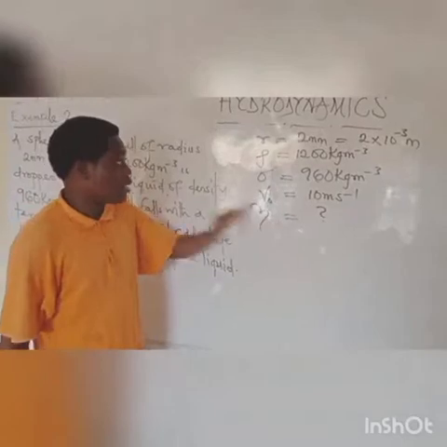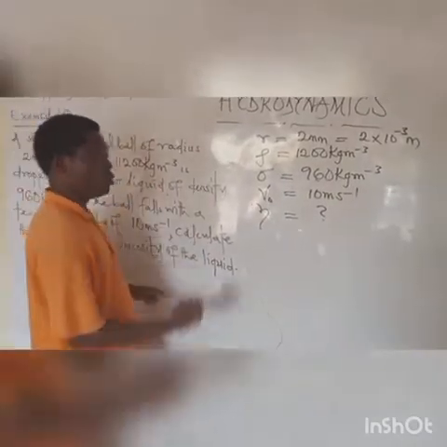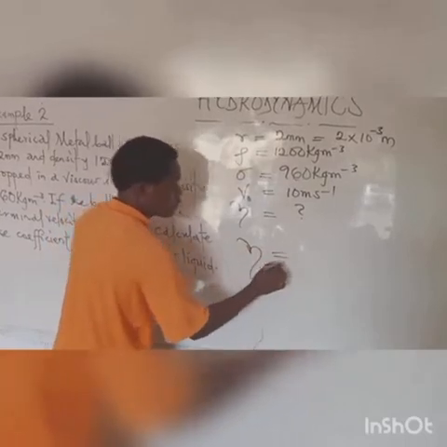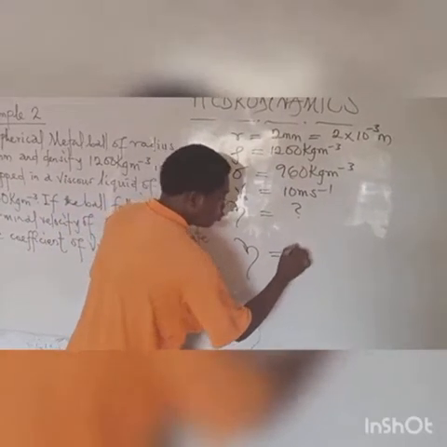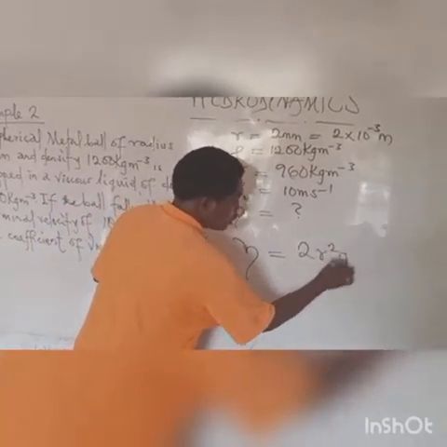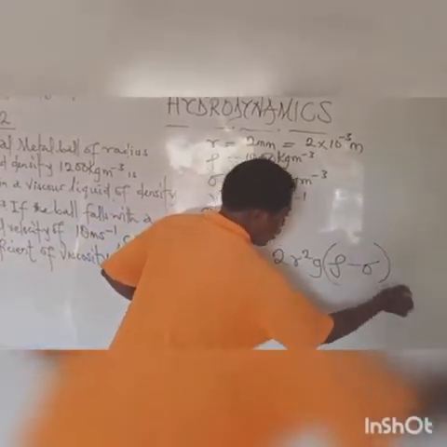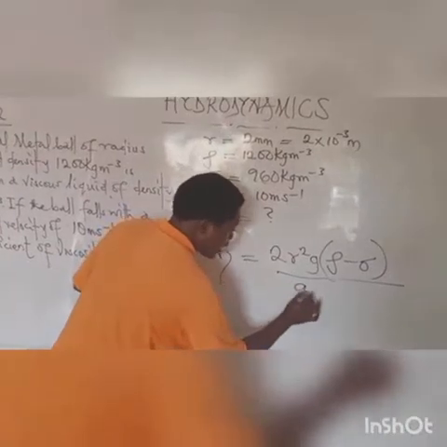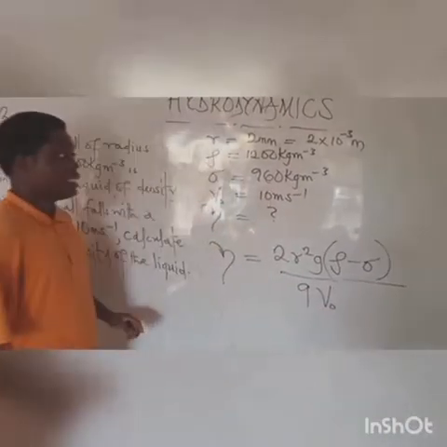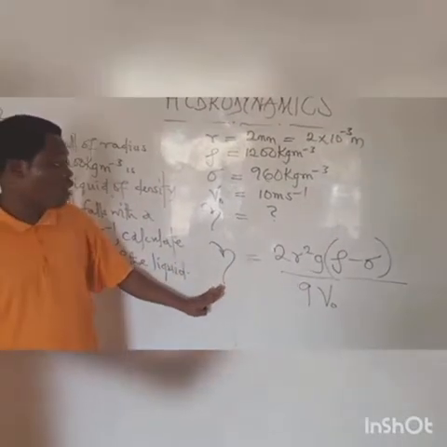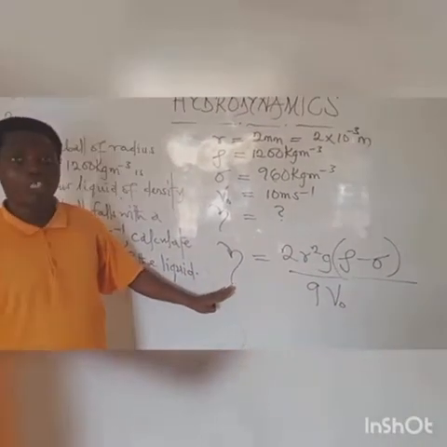Now, from here, recall the formula which says coefficient of viscosity is equal to 2 r squared g (density minus sigma) all over 9 v naught. This is the formula that we are going to be using in order to get the coefficient of viscosity of the liquid.